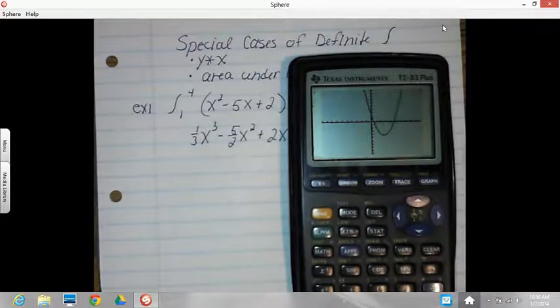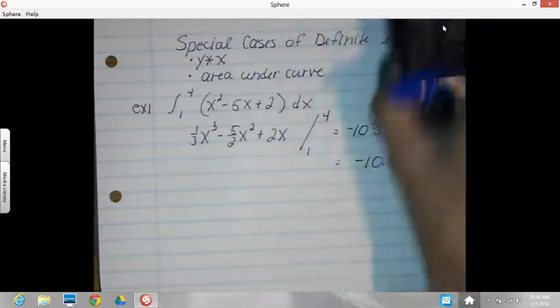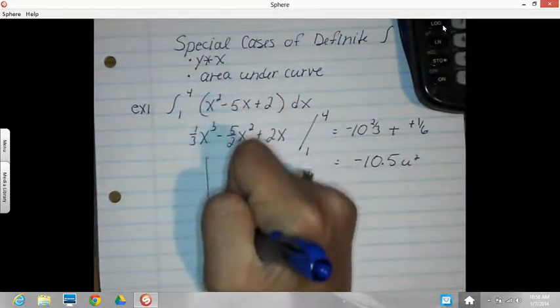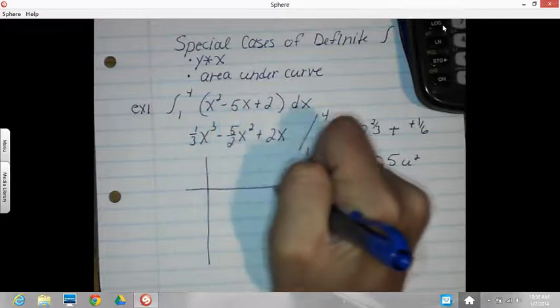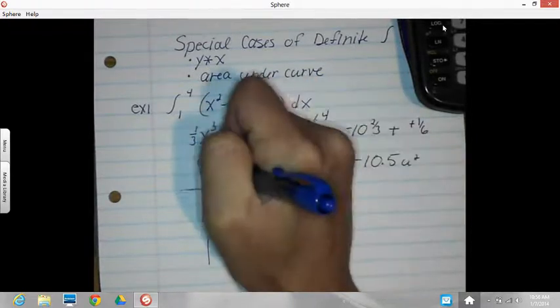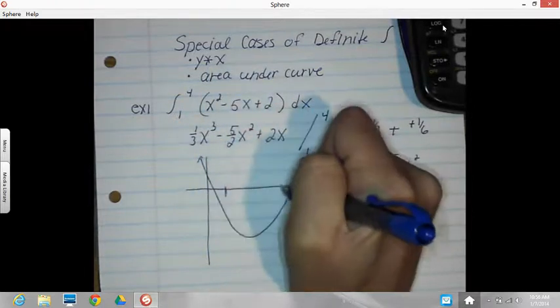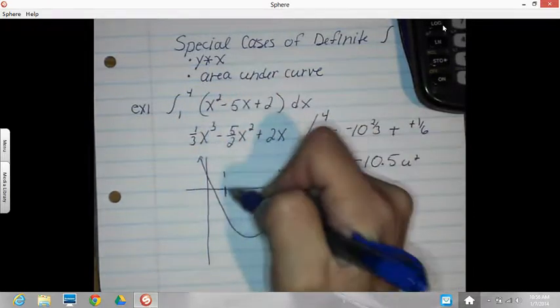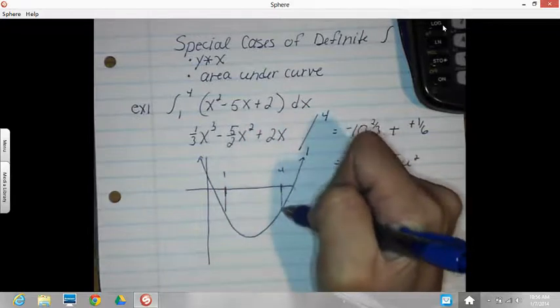It's a parabola, and if I look at it from 1 to 4, it's right down here. So this is what I've got. From 1 to 4, I'm finding this area right in here.